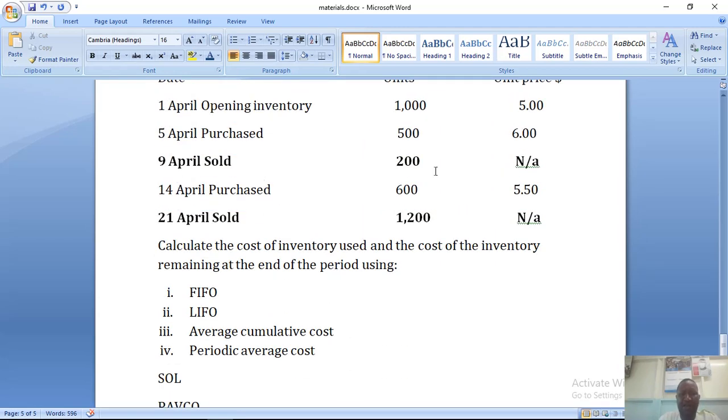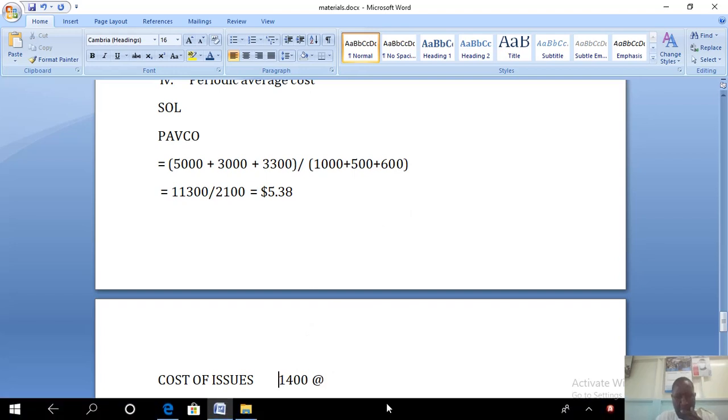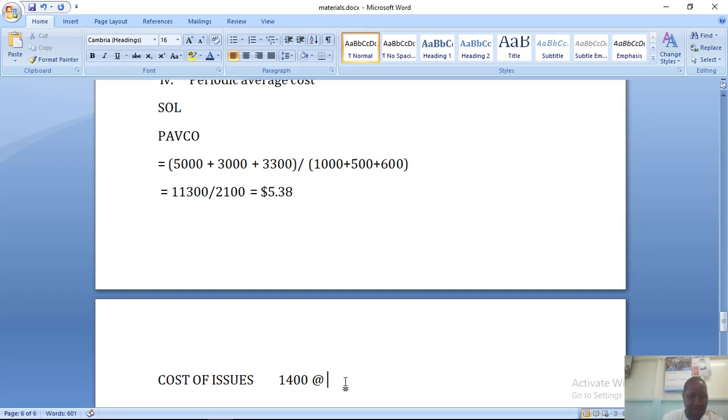So how many units are we issuing out? We are issuing out 1,400 units. So when you come to calculate the cost of issues, 1,400 units have been issued, but these are issued at, sorry, this is not dollar. 1,400 units have been issued at the price we calculated, 5.38.